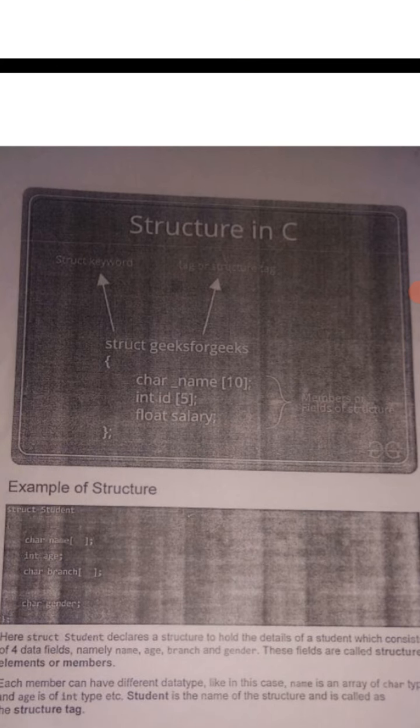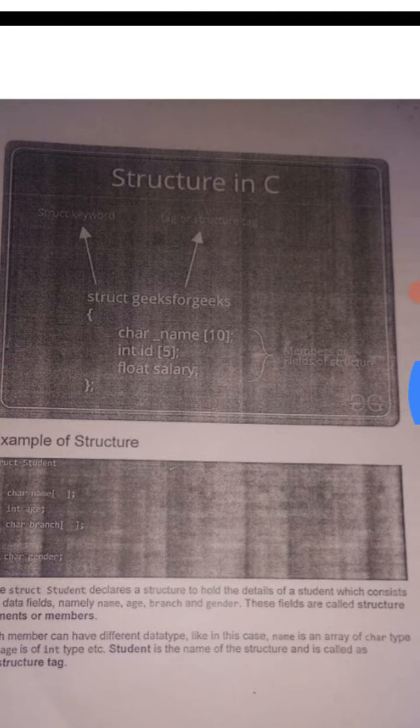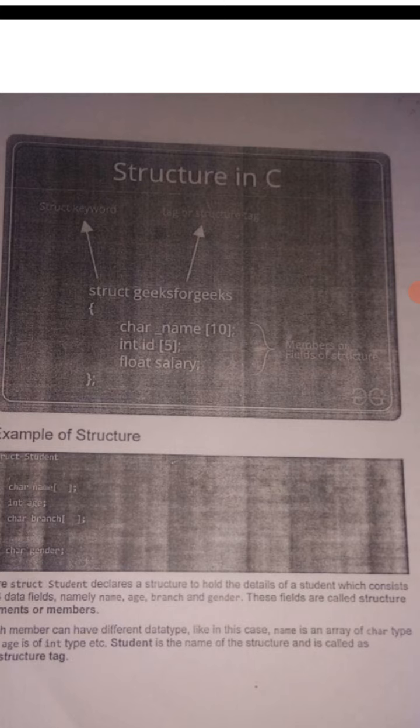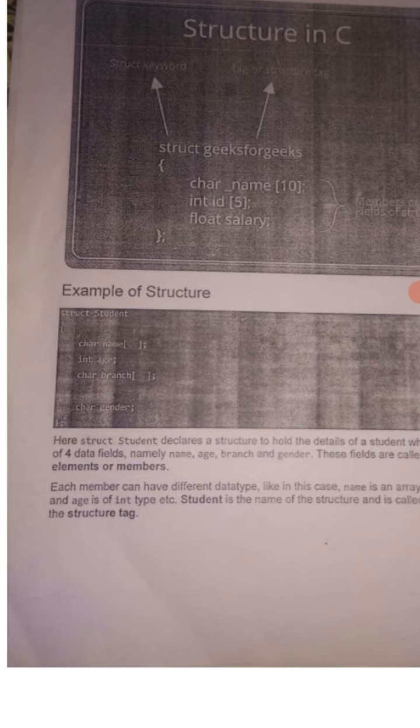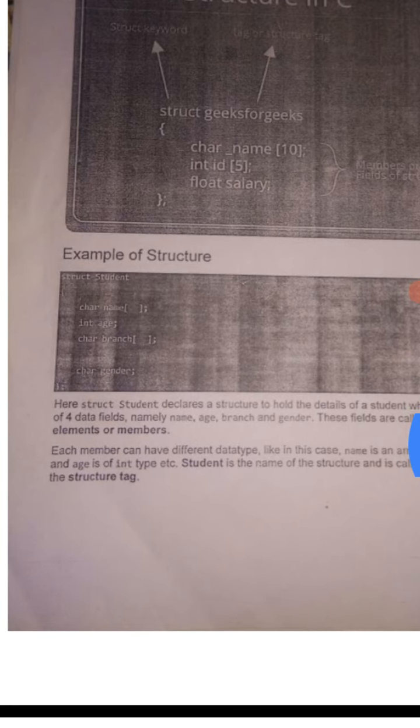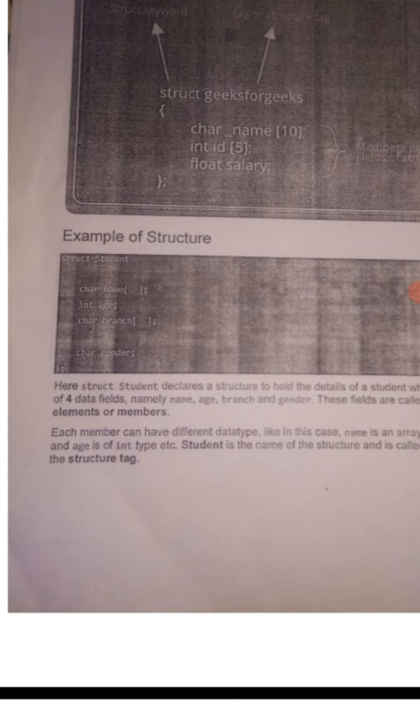Then these are the members or fields of the structure: char name, int id, float salary. See the example, struct student: char name, int age, char branch, char gender, close the curly, semicolon.